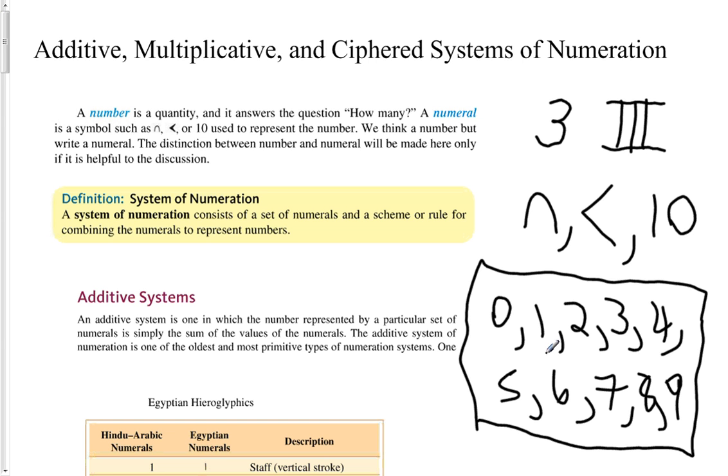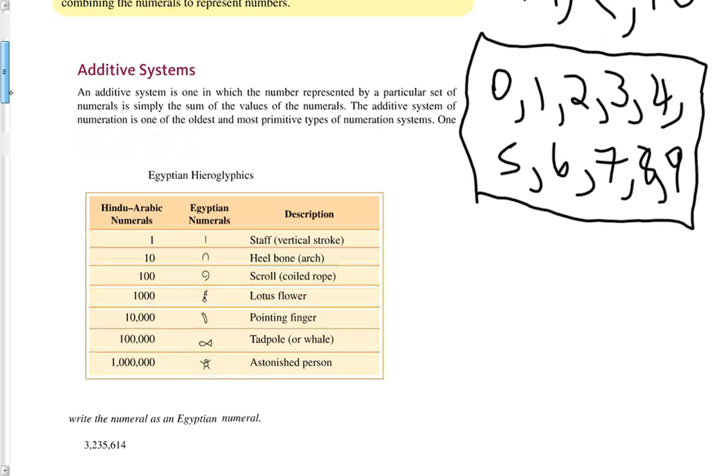Our system is a bit more complicated than the systems that we are going to look at in a little bit. In this section, we're going to look at additive systems of numeration, multiplicative systems of numeration, and ciphered systems of numeration. So first, let's take a look at additive systems.